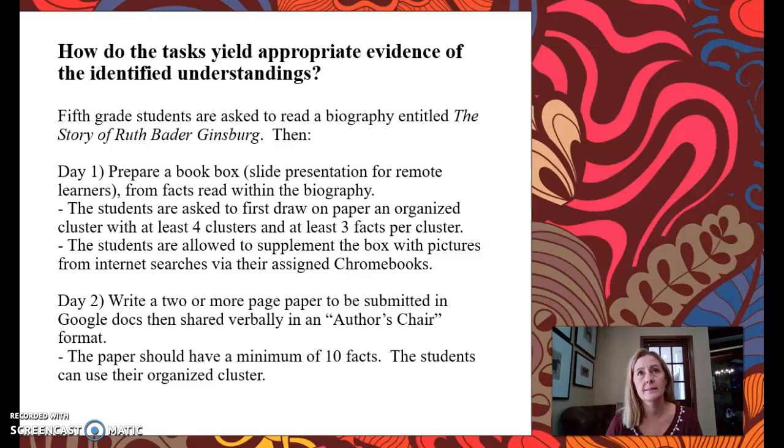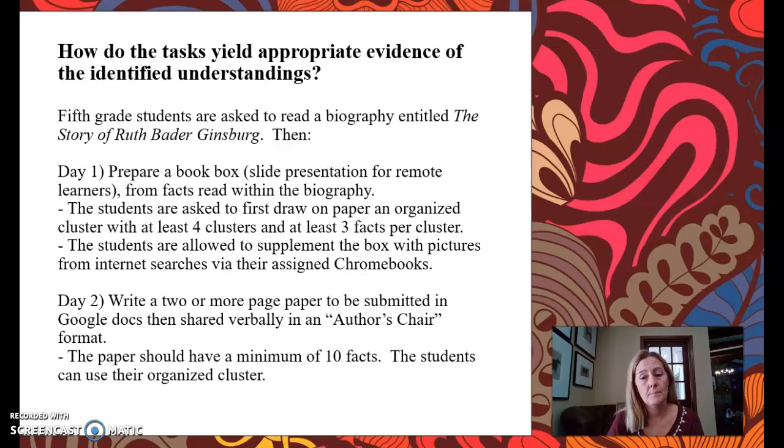It is kind of like a lollipop, where the center cluster would be the topic of the book, in this case, Ruth Bader Ginsburg, and then satellite popsicles with lines from that outlining the different fact clusters. So it could be about the jobs she's had, the cases she fought, her childhood.